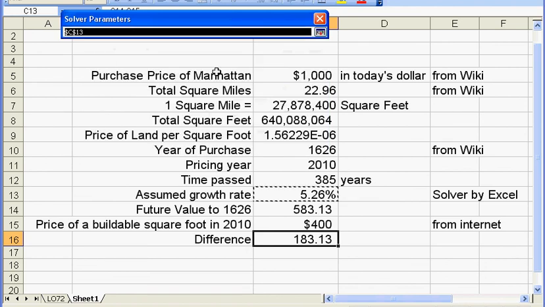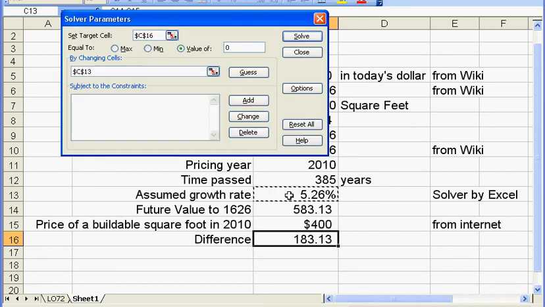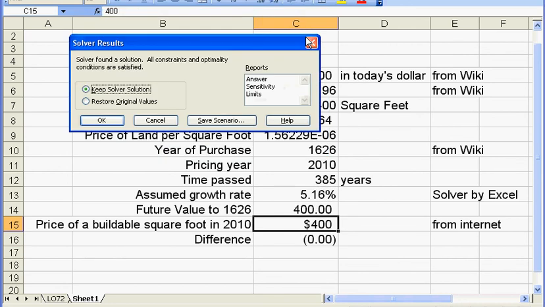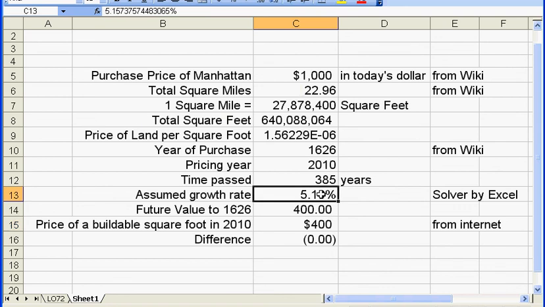And then I ask Excel to guess a number for my interest rate here, so that I can get a future value exactly equal to $400, or say I get my target cell equal to 0. So I click solve here, and I keep the solver solution, and you can see the interest rate only decreased by 10 basis points to 5.16%, and then I got this $400 future value.